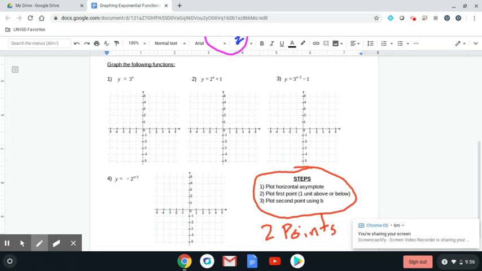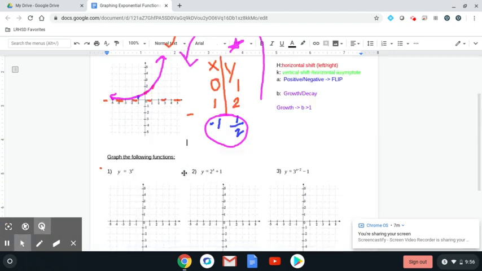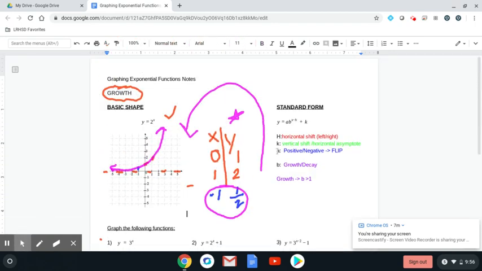Okay, so let's look at number 1 first. We have y is equal to 3 to the x power. The first step says that you want to plot your horizontal asymptote. If you go back up to standard form, you'll remember that your horizontal asymptote is that k value, whatever is at the very end of your standard form.